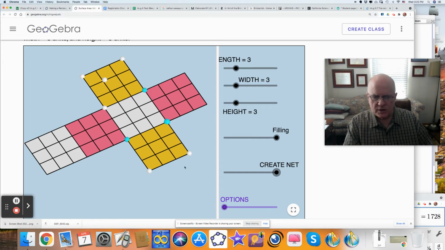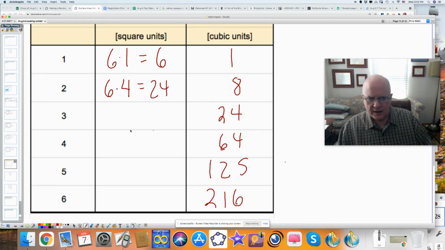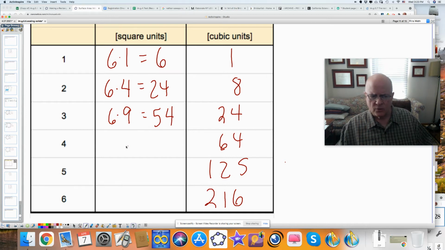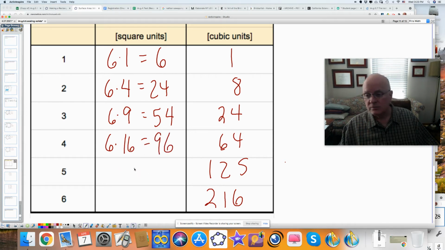I did 3 times 3. 3 times 3 is 9, and I times 6, which is 54. What about 4 of these? 6 times 16, that's 96. We have 6 times 5 squared, which is 6 times 25, of course, 150. And 6 times 6 times 6, we've already done this, 216.